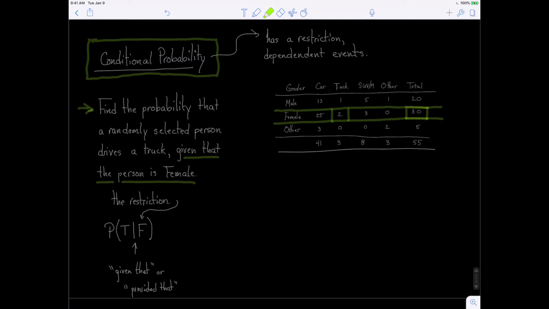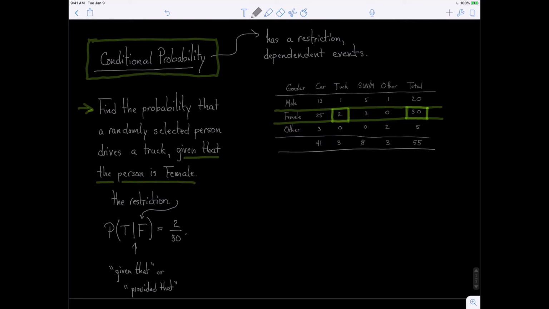All we're interested in are these 2 people and these 30 females. So the probability that the person drives a truck, given that they're female, is 2 out of 30. And that's the answer.